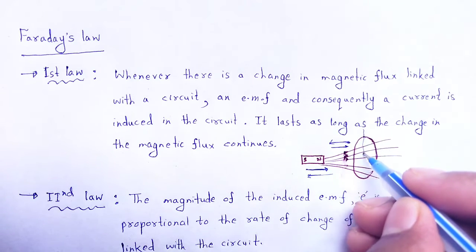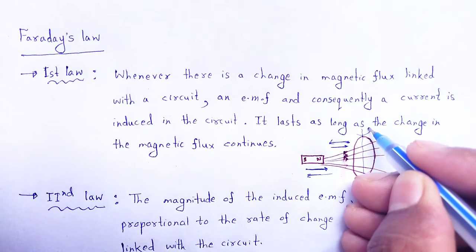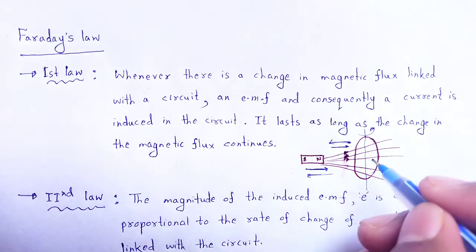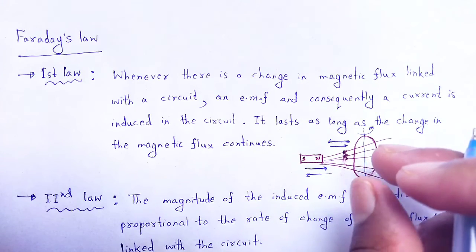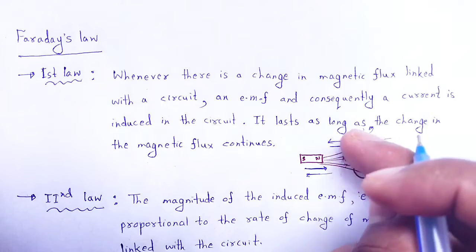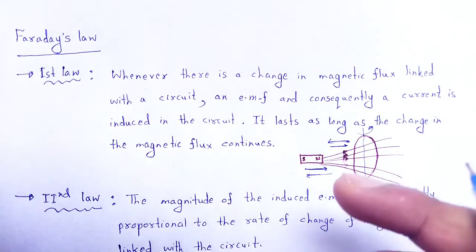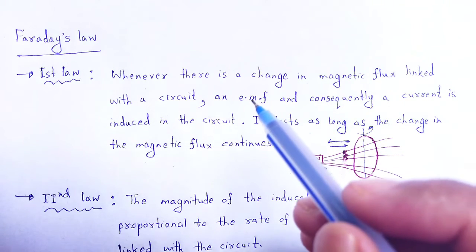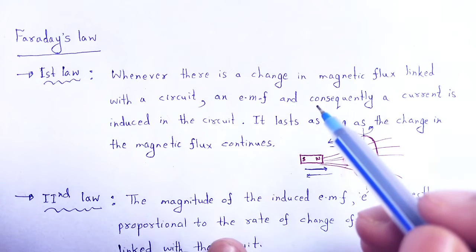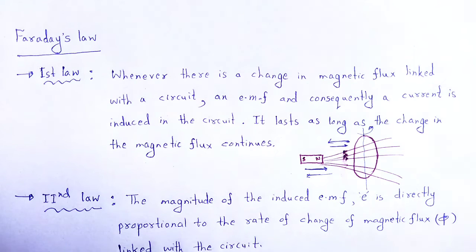Again I can rotate that coil, and that also changes the magnetic flux. So, in this way induced EMF or induced current is produced.